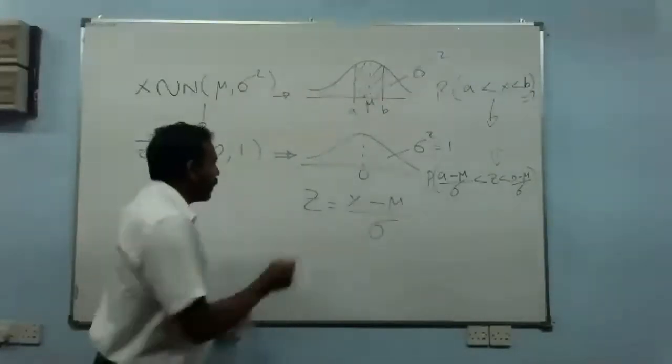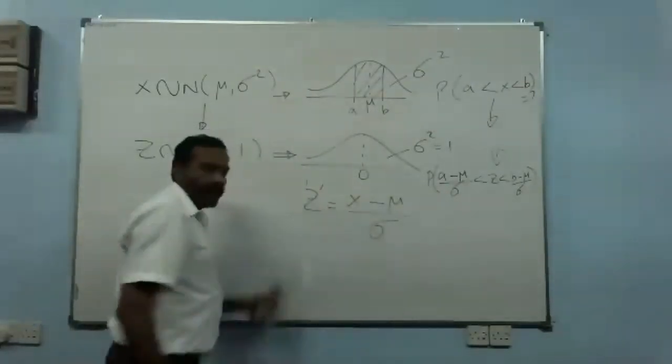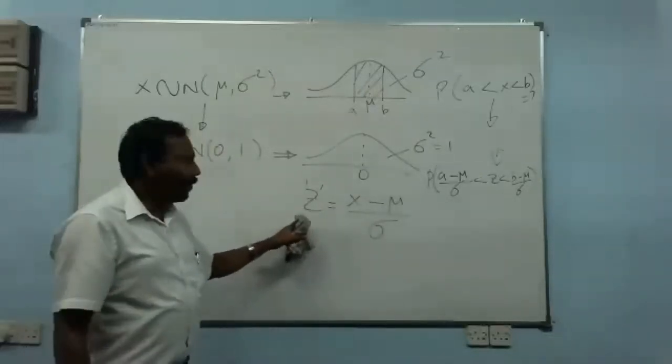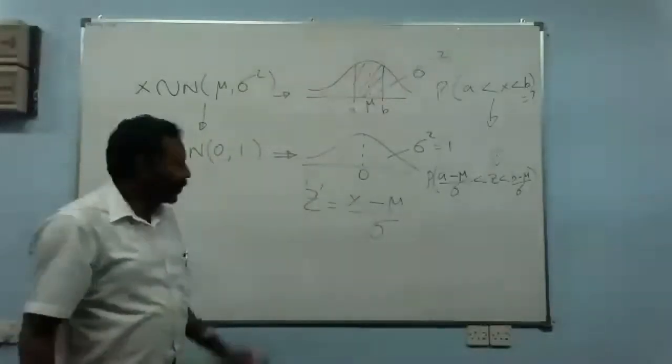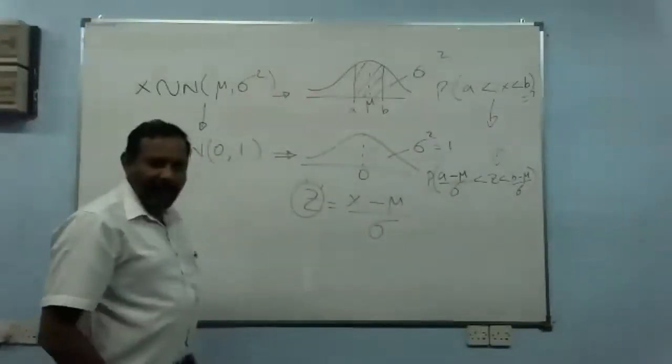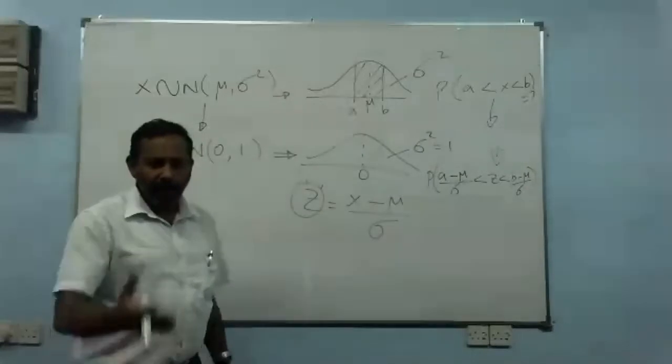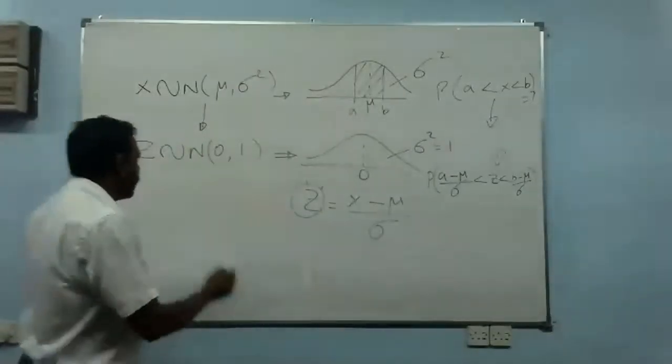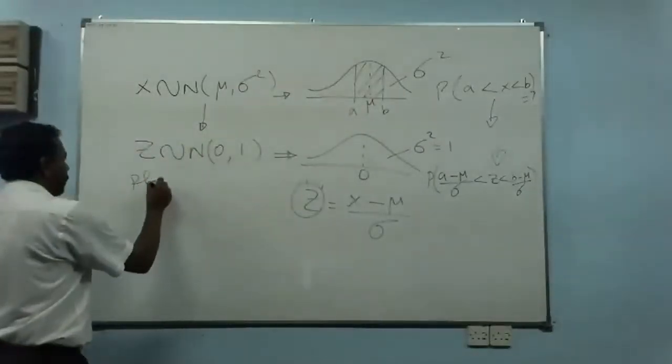So this is what we call the Z-score. Maybe in your A level, you have heard about the Z-score. Everybody has a Z-score. How did they calculate the Z-score for your subjects?